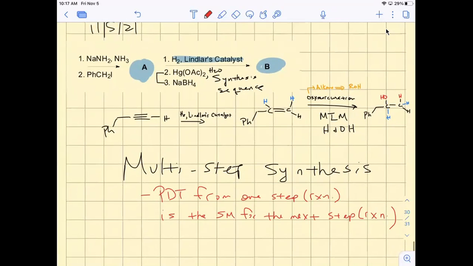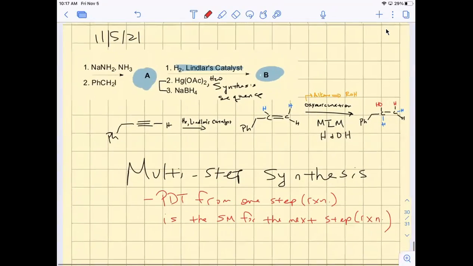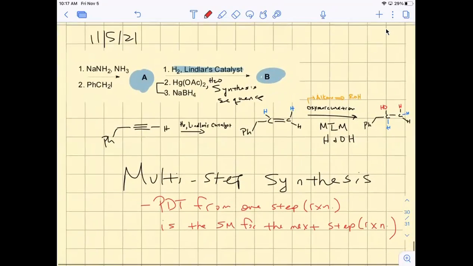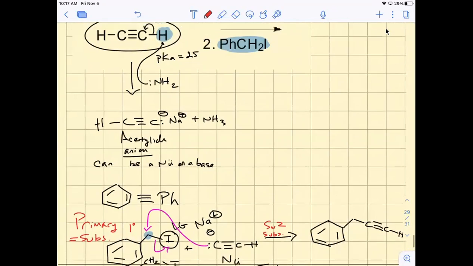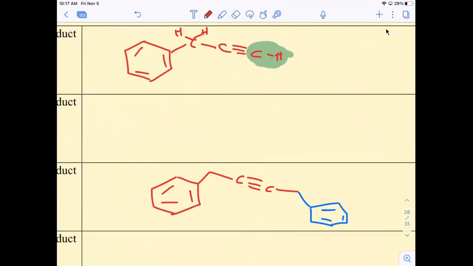All right. So let's go back and put in the product for B, which looks like this. I'm just going to write it in like that.